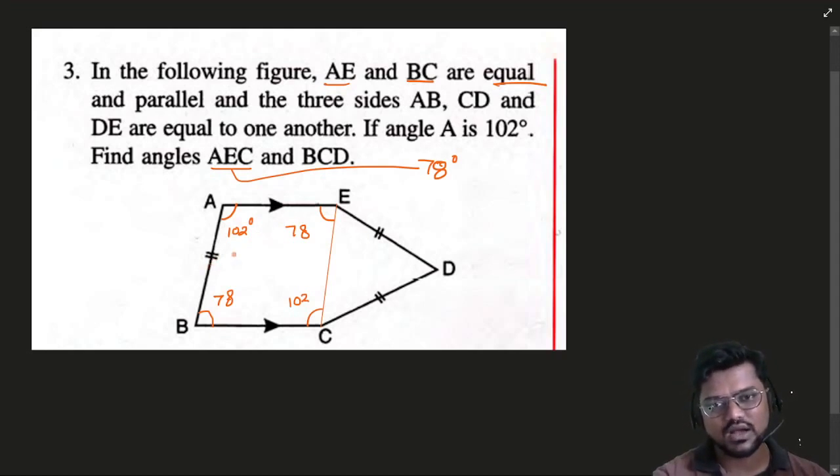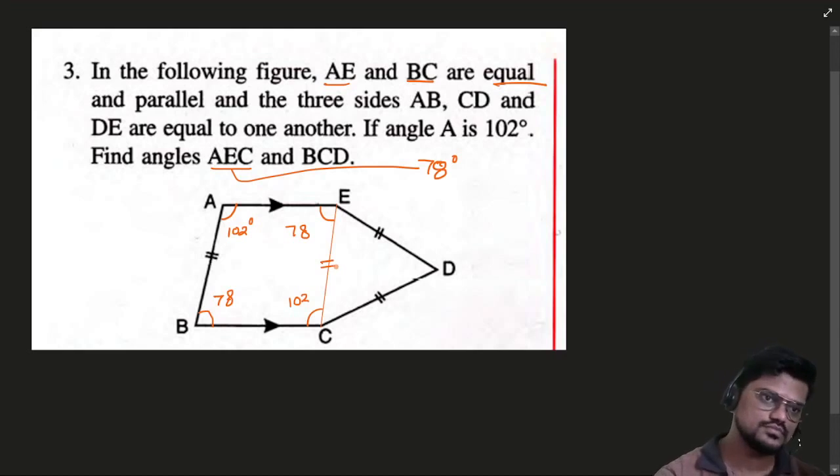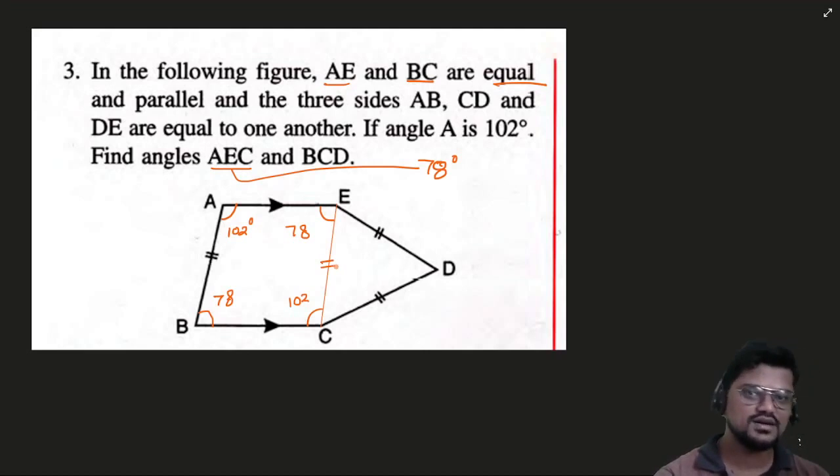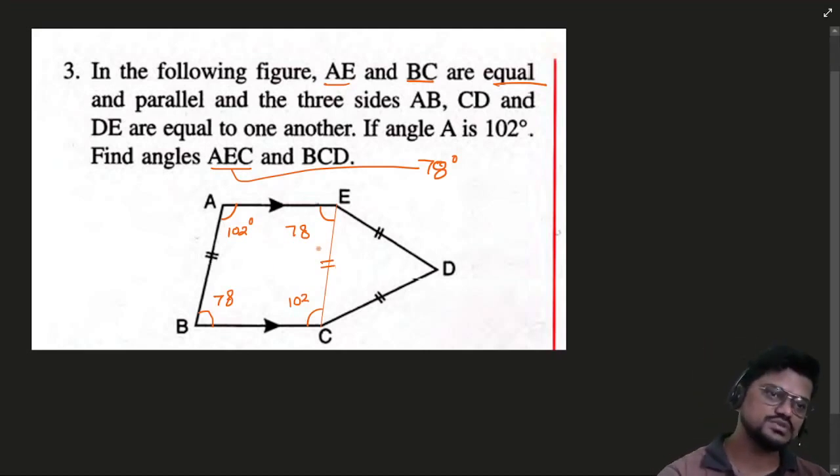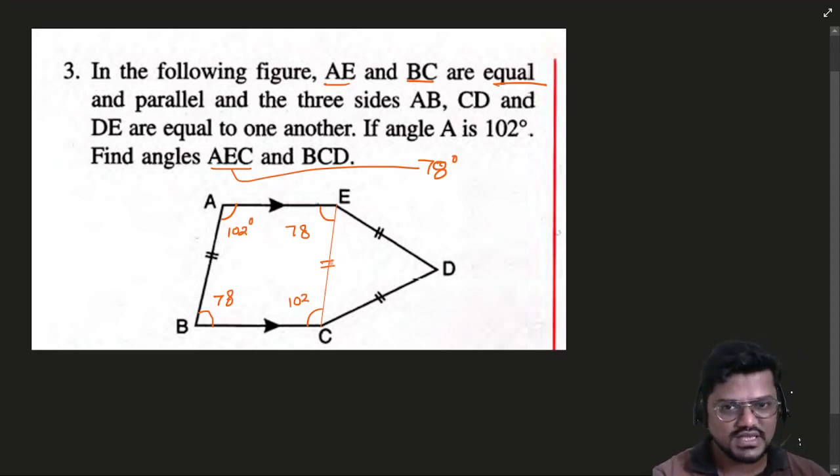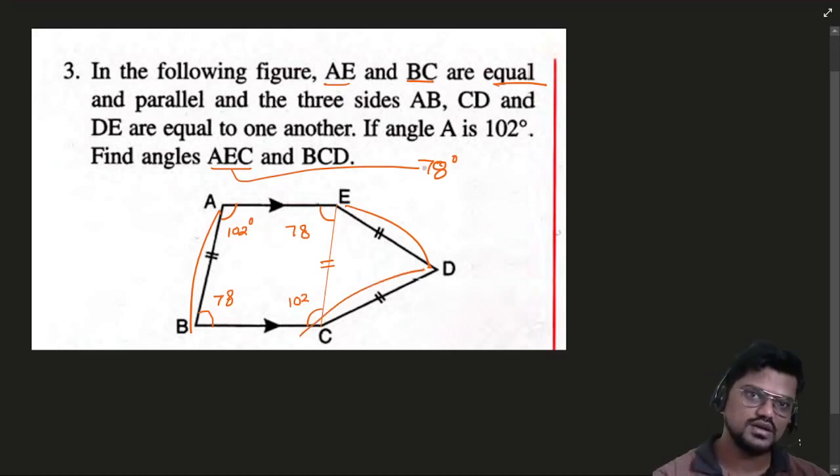Since it's a parallelogram, this AB will be equal to EC. By default, automatically it will be equal. Why? Because it is a parallelogram. The opposite sides will be equal. Now, they have already given AB is equal to ED will be equal to CD. Then EC also is equal.